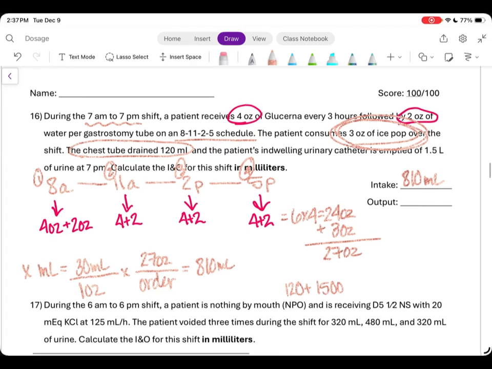If you want to see it in dimensional analysis, it's going to look like this. From your sheet, you'll know that 1,000 mL is 1 liter, and then you multiply by 1.5, and you'll get 1,500, okay? So 1,500 plus 120 is going to be 1,620. And that's our answer for the total output for this patient.